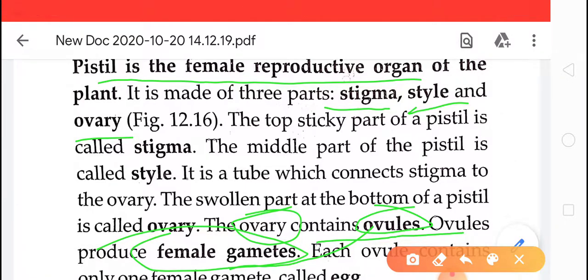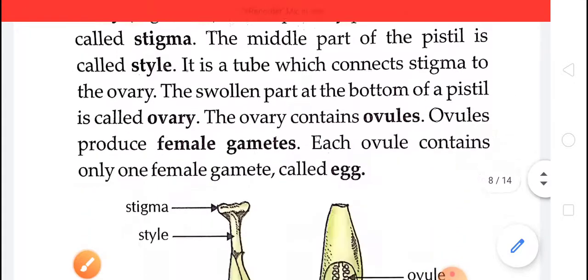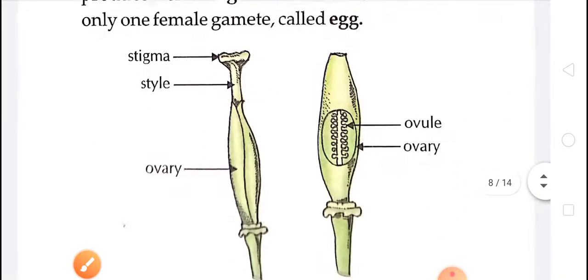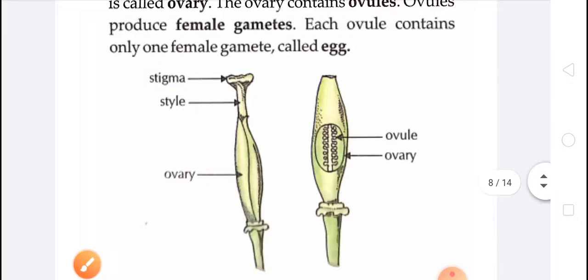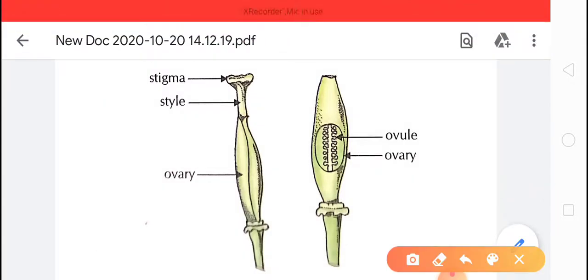So the male gametes develop on the anther of the stamen and the female gamete develops inside the ovules of the pistil. Clear about this? Any confusion? You can see here the pistil, the female reproductive part, in which there are three parts: stigma, style, ovary.